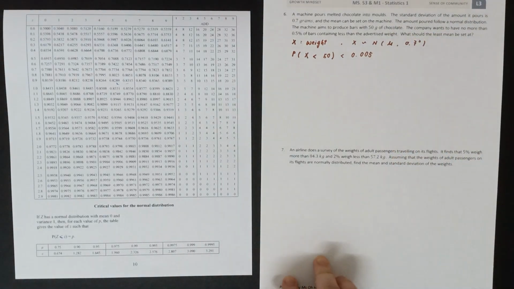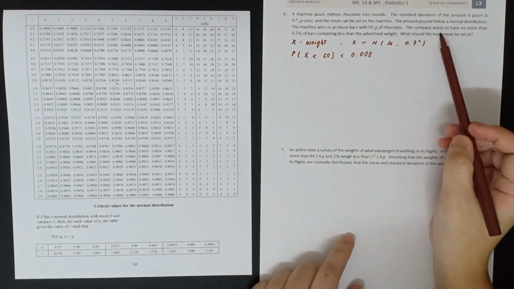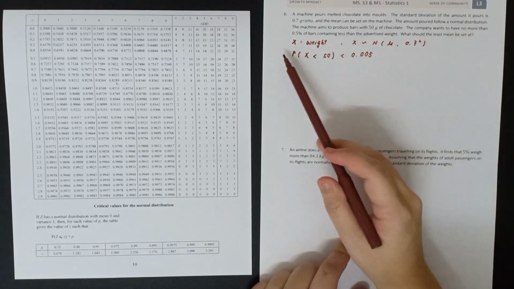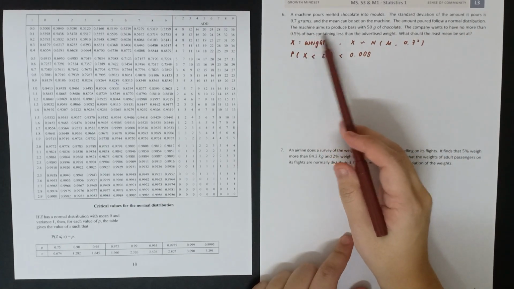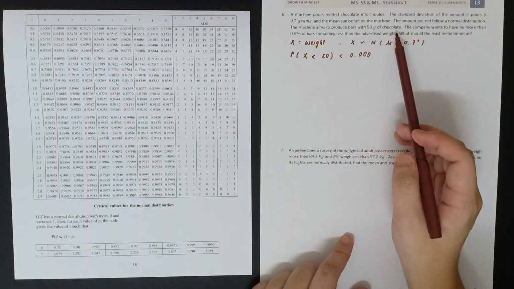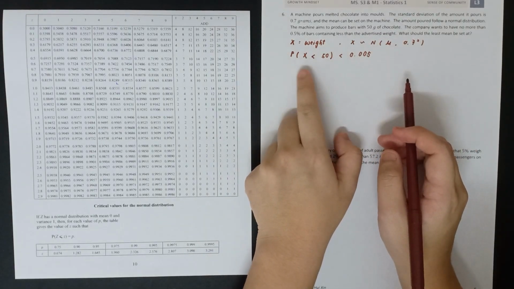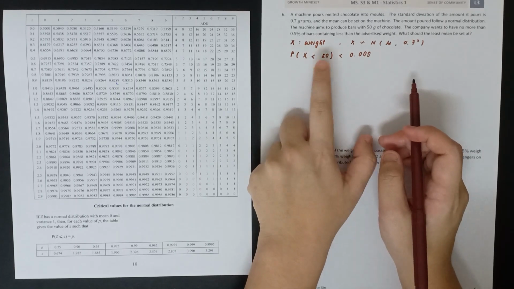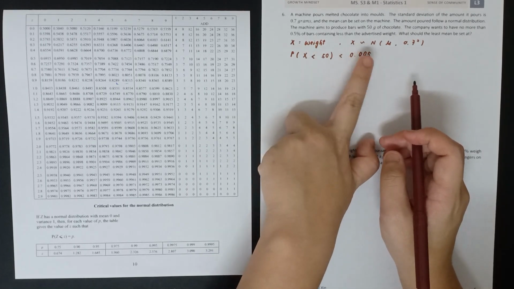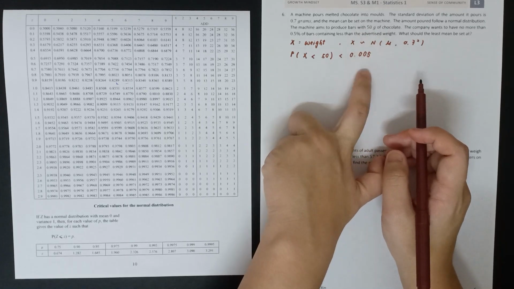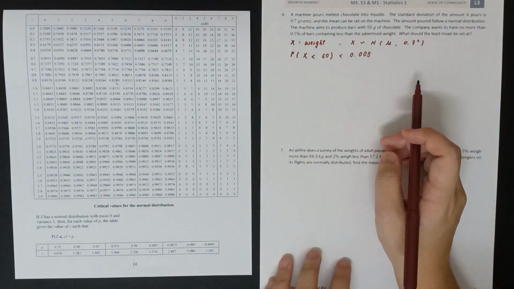Can you understand that? The company wants no more than 0.5% of bars containing less than the advertised weight, so the probability for me to get a chocolate with weight less than 50 grams shouldn't be more than 0.5%, which is 0.005.